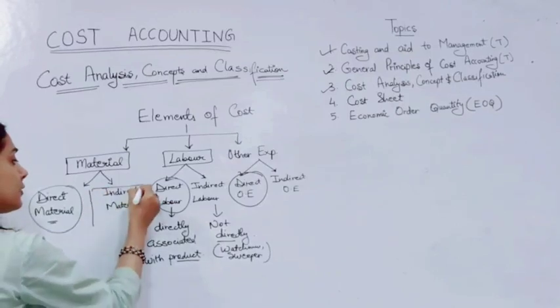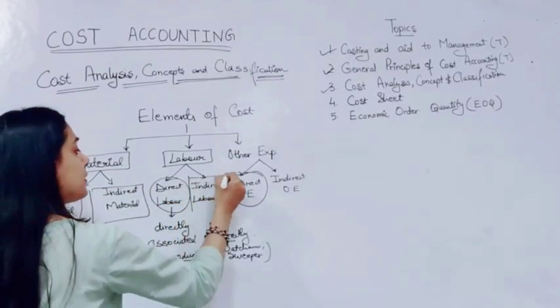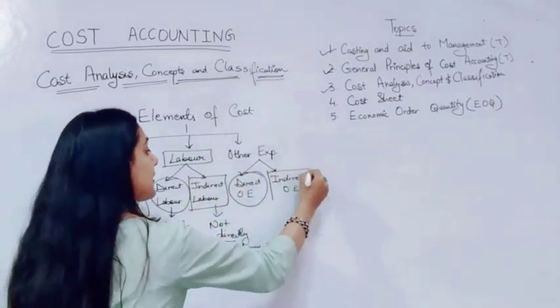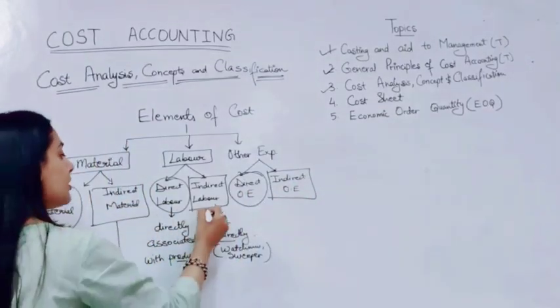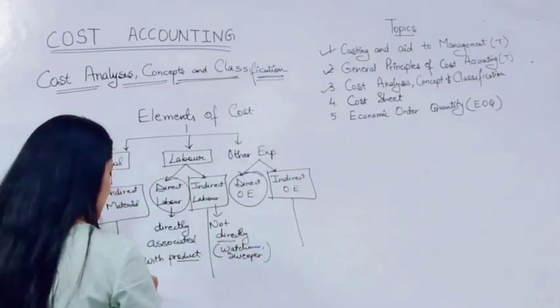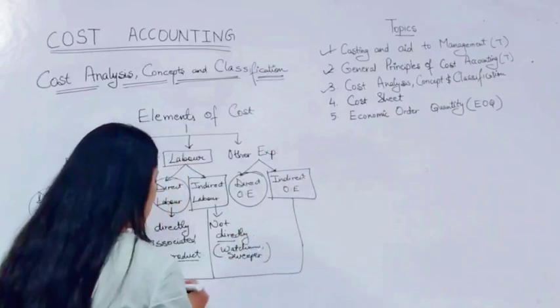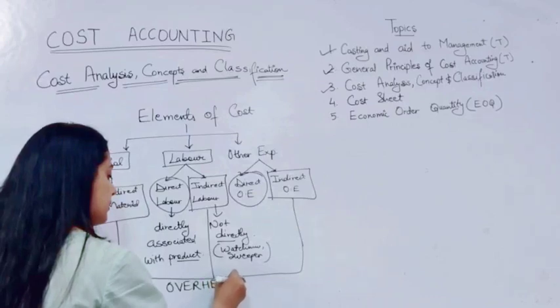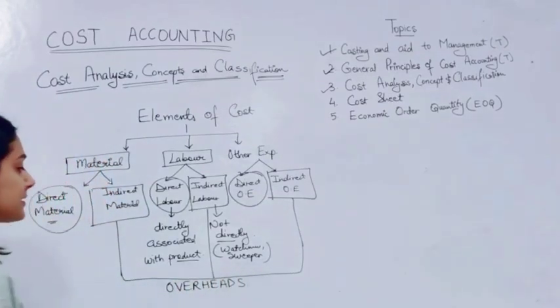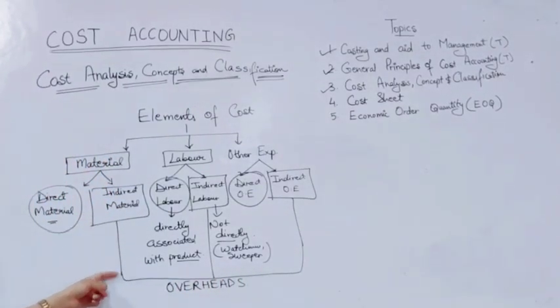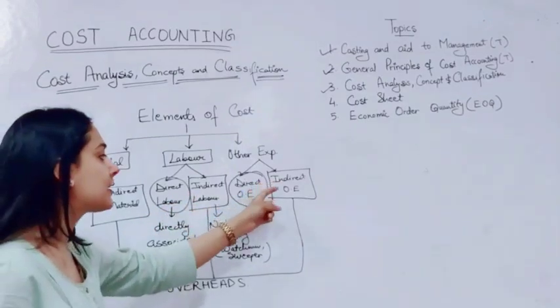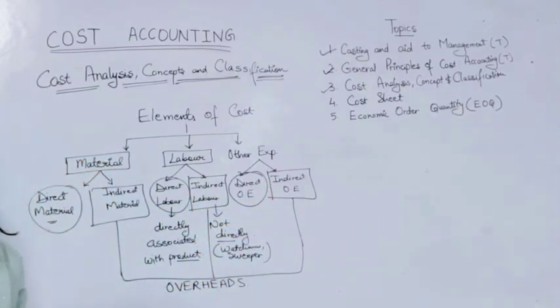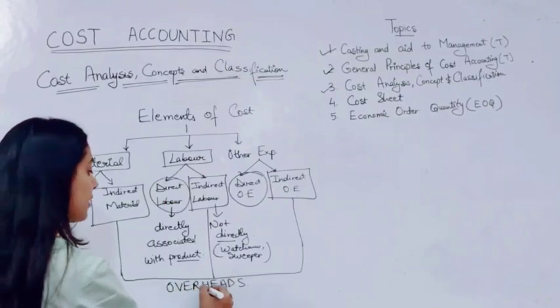The indirect of material, the indirect of labor, and the indirect of other expense are all further classified into a single unit, which is known as overheads.